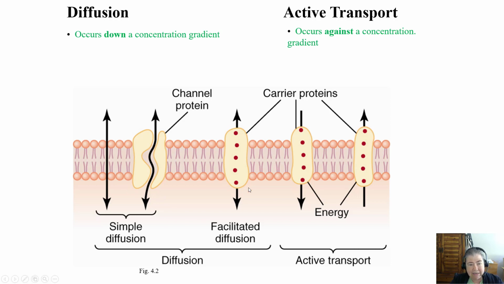And with facilitated diffusion, same thing. There's a lot of glucose out here. There's not much glucose in here. You will get glucose moving. And that's why we're showing double arrows here for the two kinds of diffusion. I guess it's three kinds: simple diffusion across the membrane, diffusion through a channel protein, and facilitated diffusion.